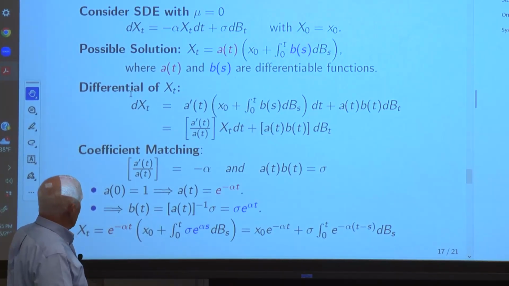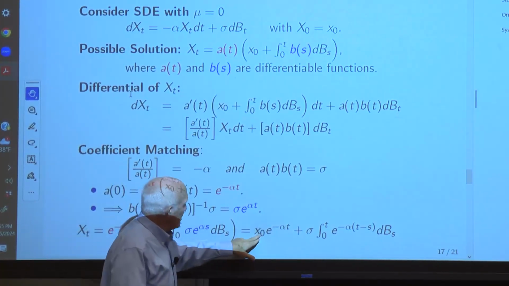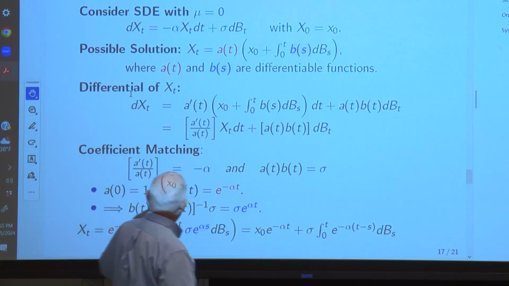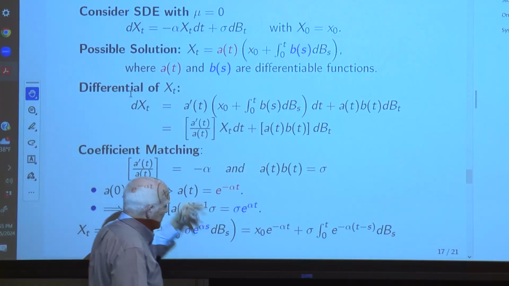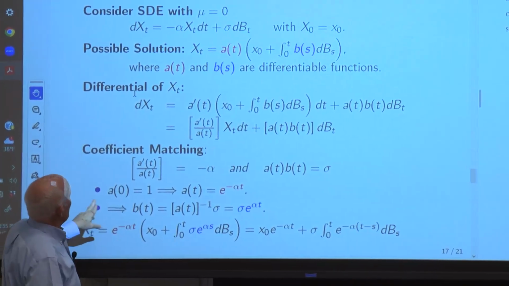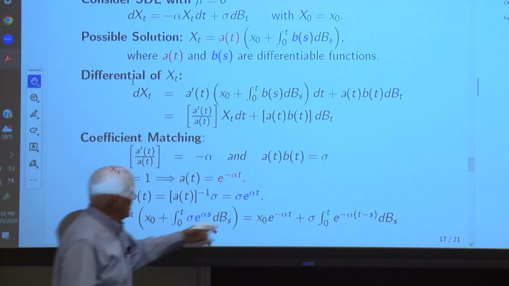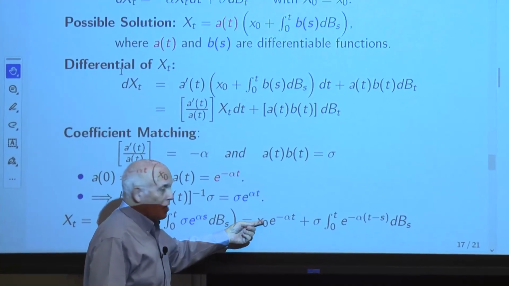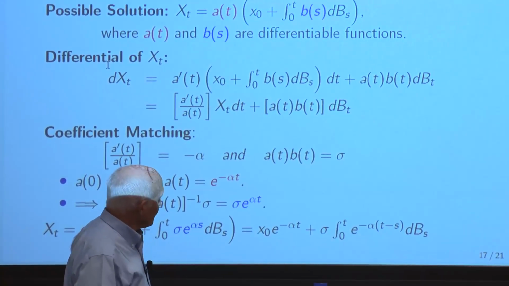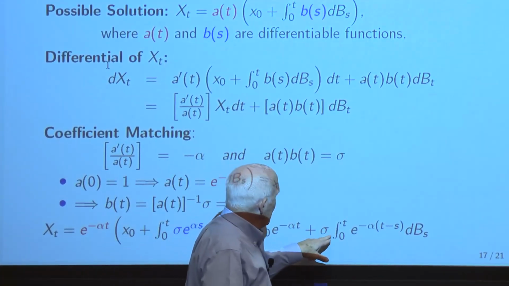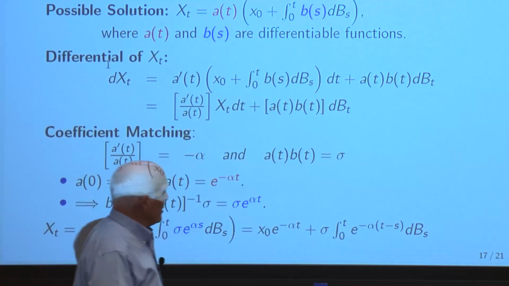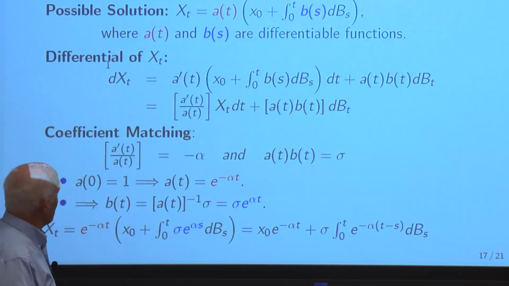And at the end of the day, we end up getting our Ornstein-Uhlenbeck process. If we consider the process with mu equal to 0 and initial value of x naught, then it decreases or increases exponentially to 0. And then the extra term is this integral of Brownian motion with the exponential term.